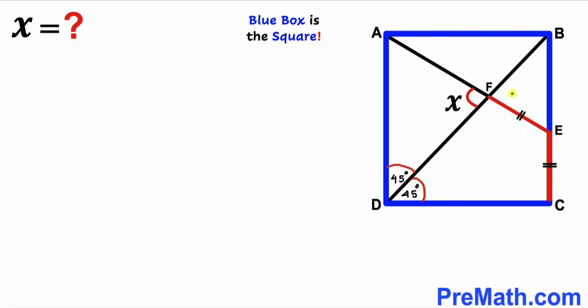Now let's make an observation. We can see that segment EF equals segment CE. So I'm going to connect vertex C and vertex F, as you can see in this next step. As a result, we end up with triangle CEF. Now we are going to focus on this triangle CEF.